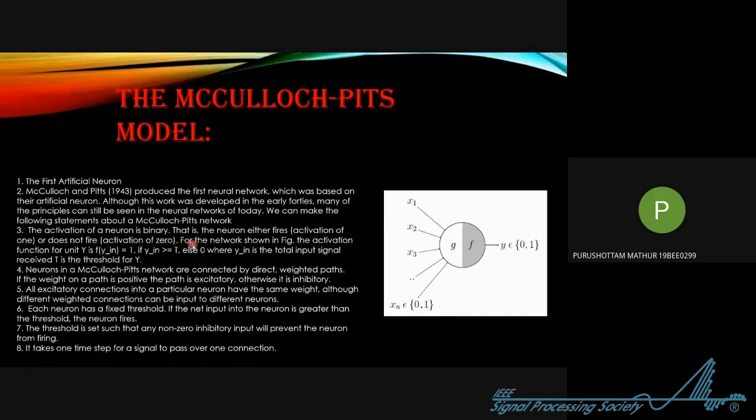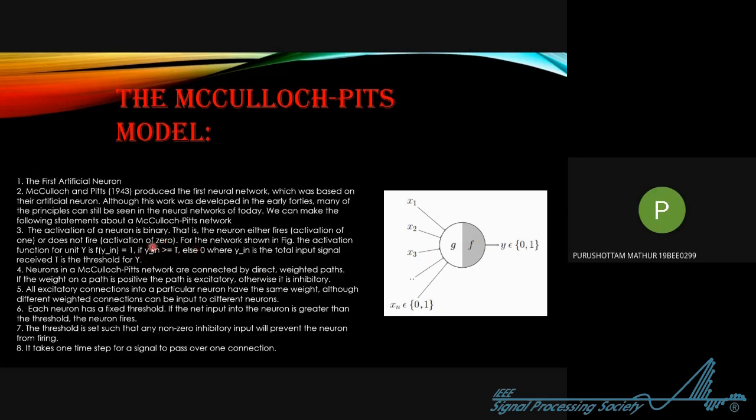That's what I said. For the network shown in the figure, the activation function for the unit Y is f(y_in). You can see here, this is f. If the input is greater than some threshold value, then only it will fire.